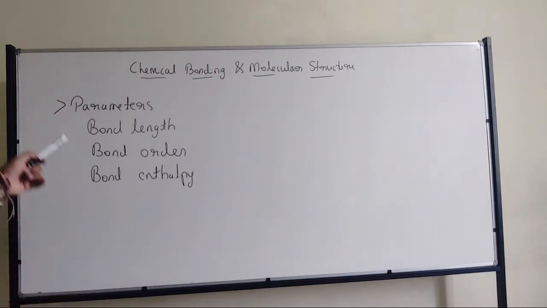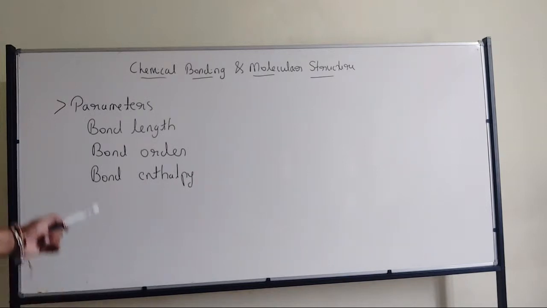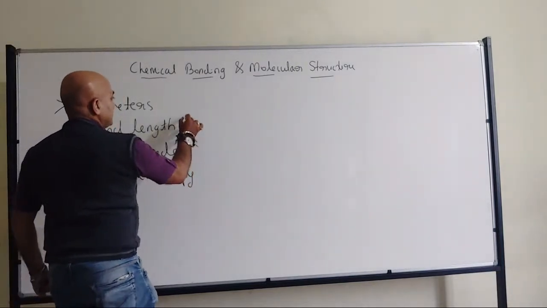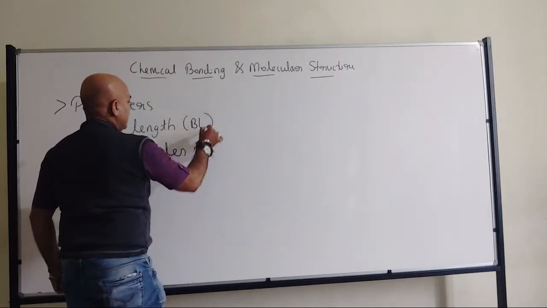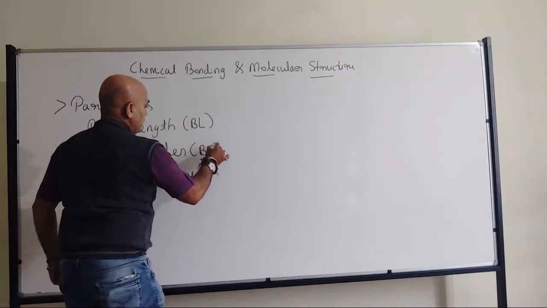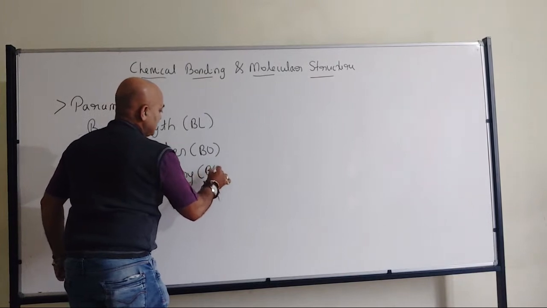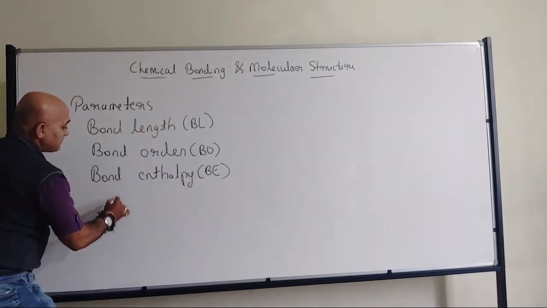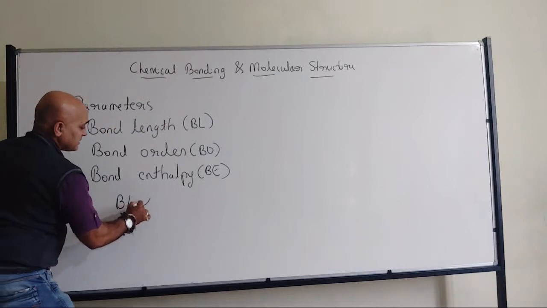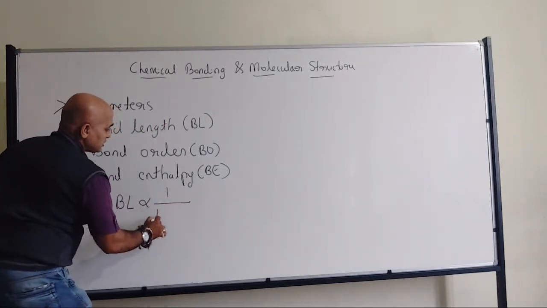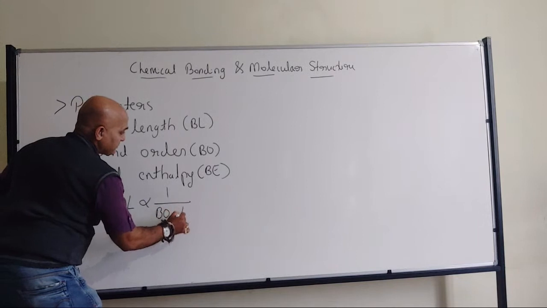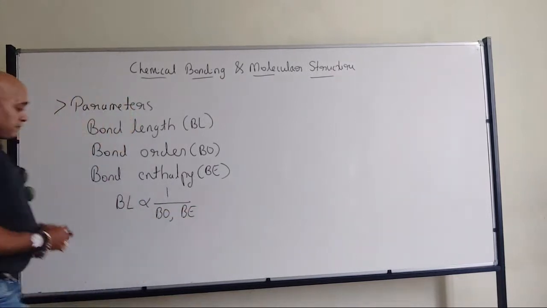When I am talking about bond length and bond order, they are inversely related. When I am talking about bond length and bond enthalpy, once again they are inversely related. So if I consider this one as BL, this one as BO, and this one as BE, bond length is inversely proportional to bond order and bond enthalpy.